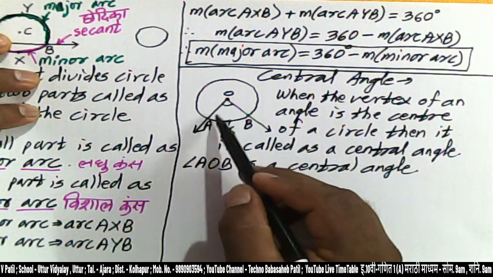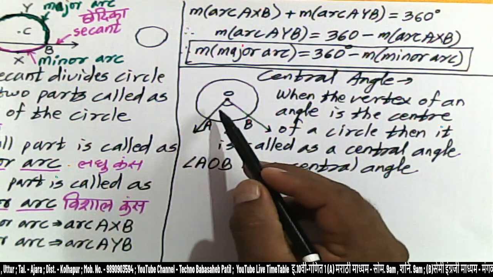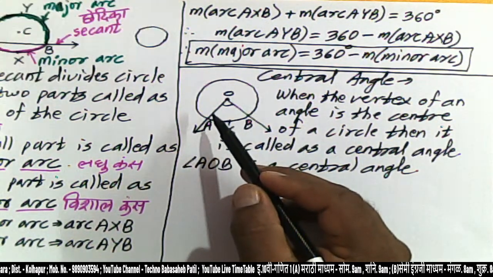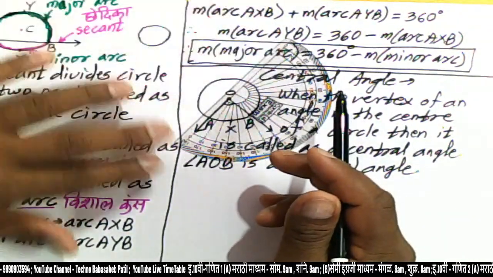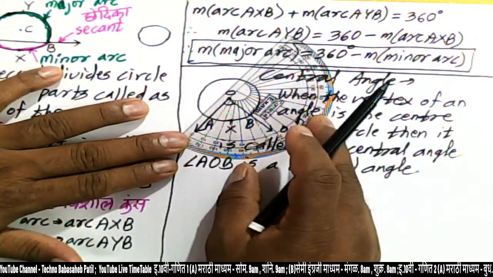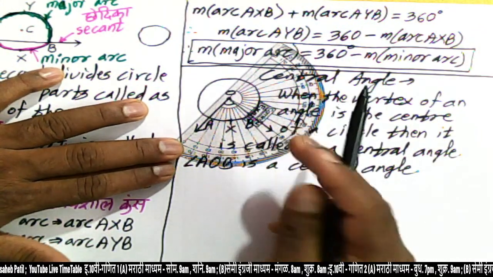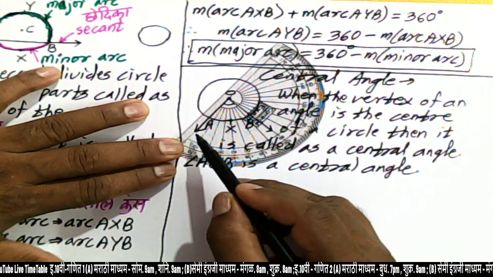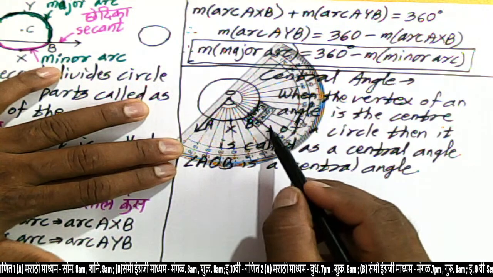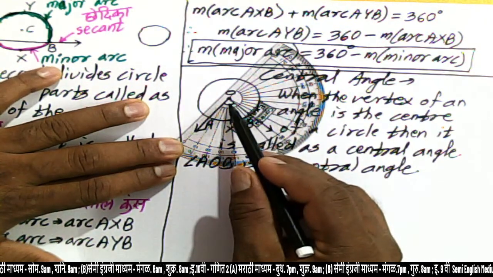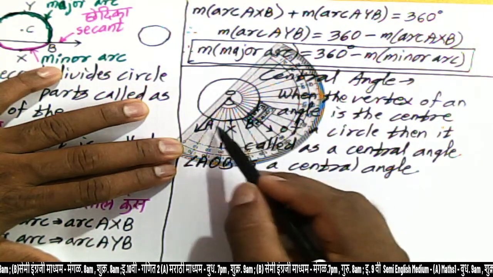When we measure the central angle in this way, then here we get 80 degrees. That angle is 80 degrees and the arc measurement is also 80 degrees.